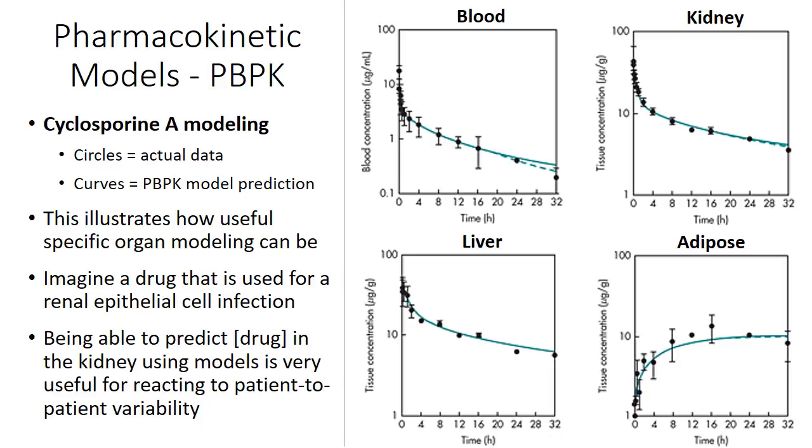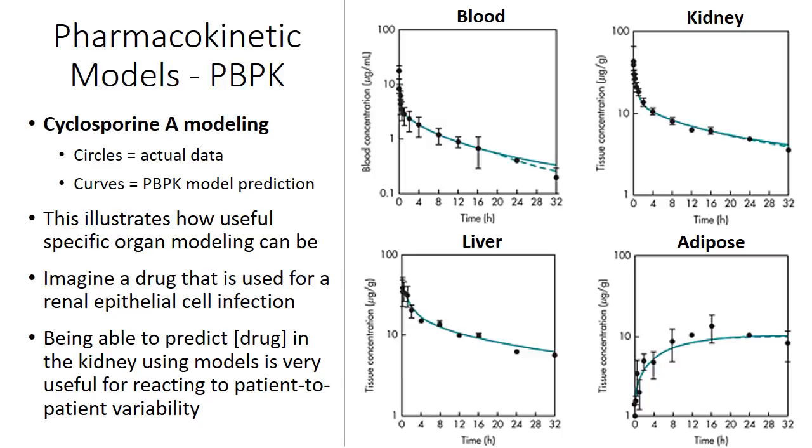Okay, so without going into too much detail, one of the advantages is if we can somehow develop a PBPK model, I'm not just looking at blood. I'm not just modeling the blood. You can use the equation to predict how much drug is in the kidney per unit time, how much drug is in the liver per unit time, and how much drug is in other tissues like the fat or adipose tissue.